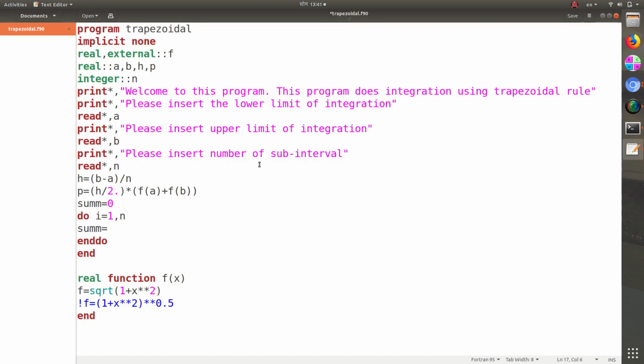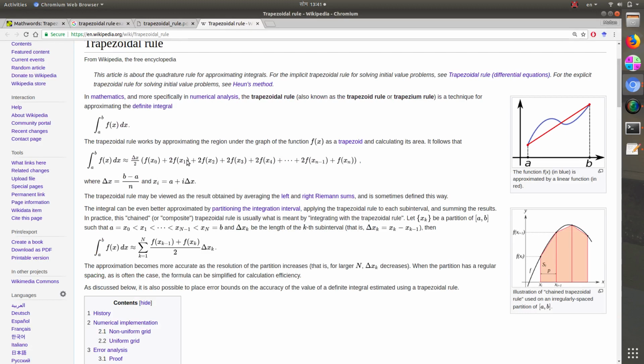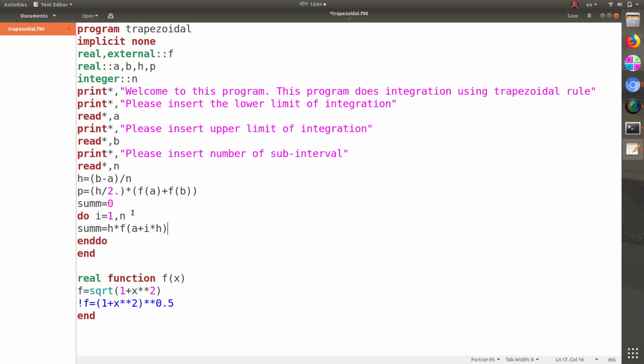Alright, simply we can write sum equals h into f of a plus i into h. Okay, where i runs from 1 to n minus 1. Oops, so this is not correct, use n minus 1 here.